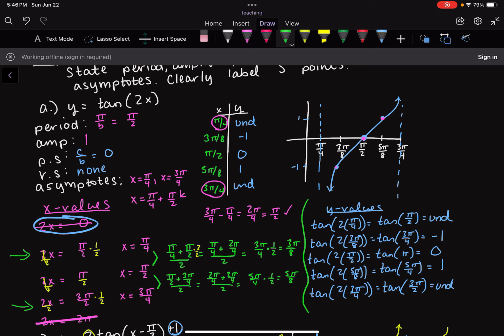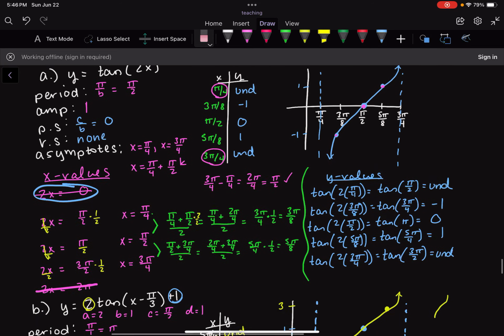So to be able to get more points out of this, I used the midpoint method, which is where you add the two angles together and then divide by 2 to find more in between them. And then again for tangent, I did show in this problem actually plugging in the values and simplifying.